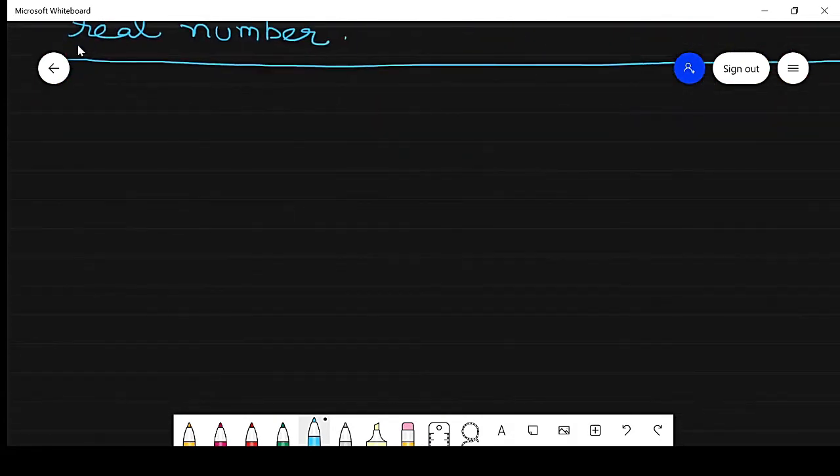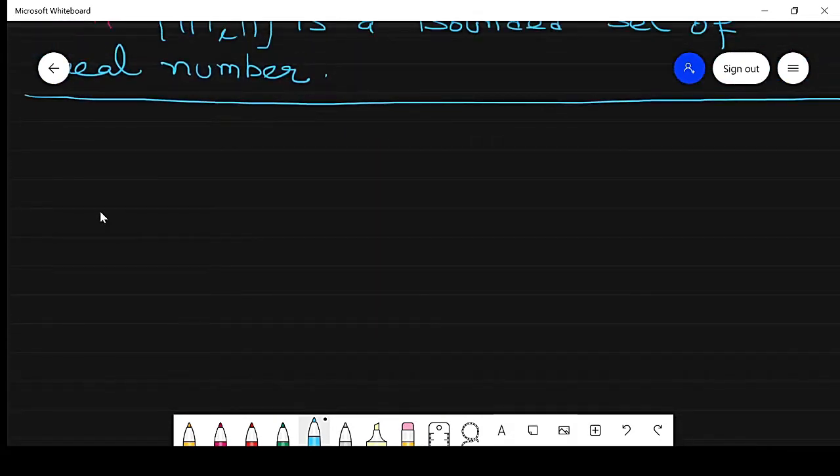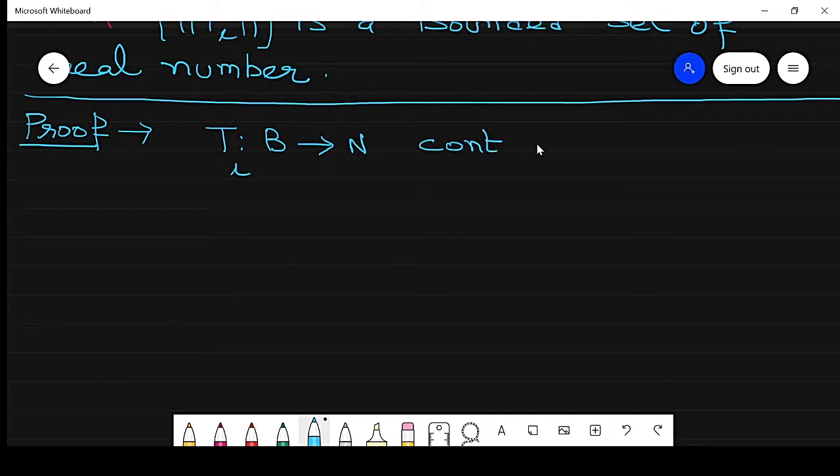So in this theorem, what is the given part? We are going to start the proof. First understand the given part. The given part is that Ti, which is from B to N, is a continuous linear transformation, number 1.